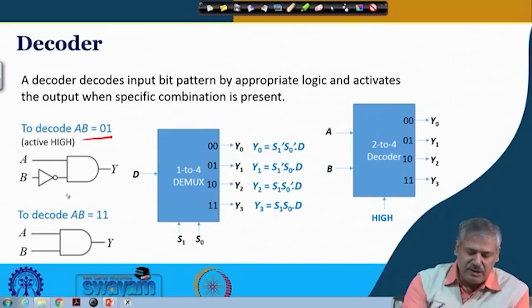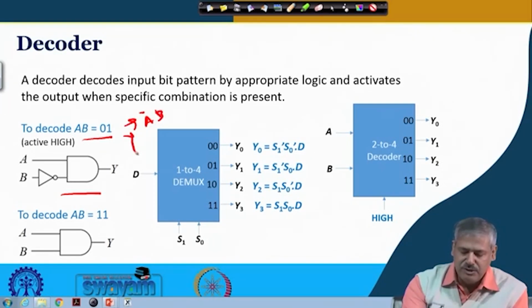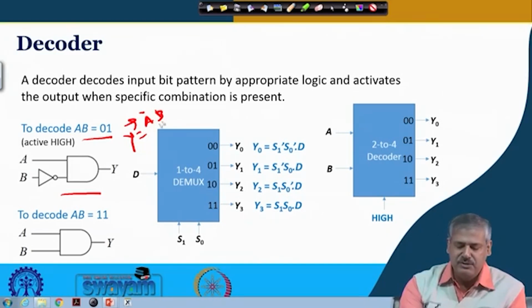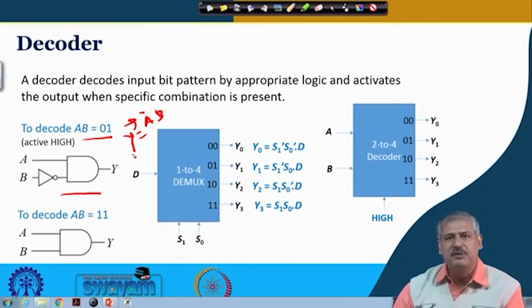We can find it out by simply a logic circuit like this. So A prime B, with this we can figure it out. So when A is 0 and B is 1, Y will become 1, otherwise it will remain 0. For the other 3 possible cases of A and B, it will remain 0.